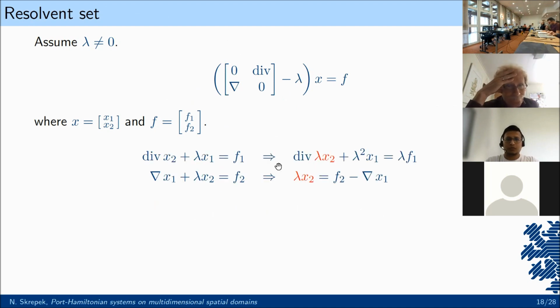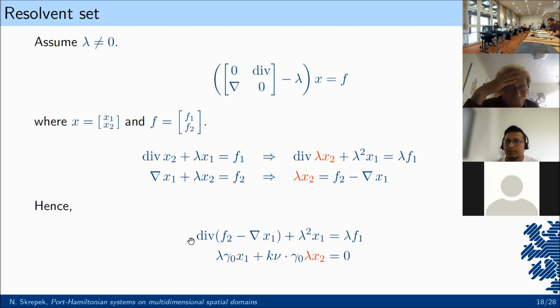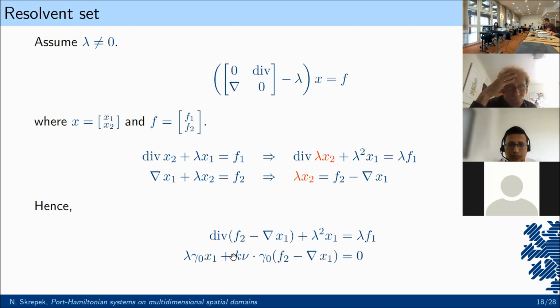We can multiply the first equation by lambda, and in the second equation we isolate lambda x2, and then we substitute lambda x2 by what the second equation gives us. Then we end up with some kind of Helmholtz equation, and we also still want to respect the boundary conditions. So we have the second line, and I multiplied the boundary conditions also with lambda, and now I can also substitute lambda x2 in the boundary condition, and then I end up with this form.